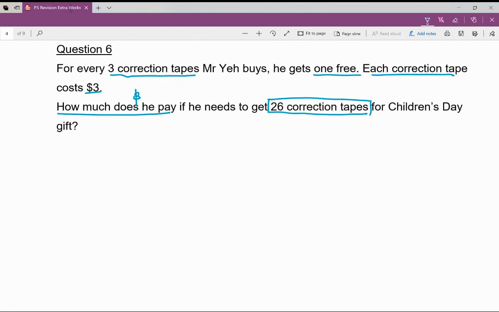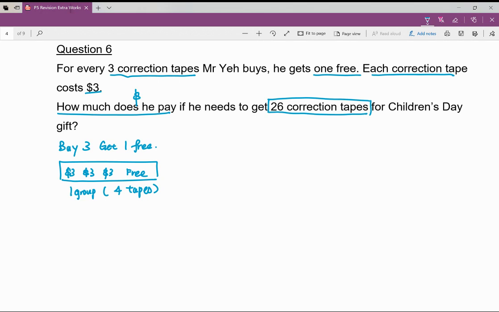So this is your buy 3, get 1 free. So in one group, okay, you will have to pay $3, $3, $3, and the last one is free. Okay, so one group will have 4 tapes.